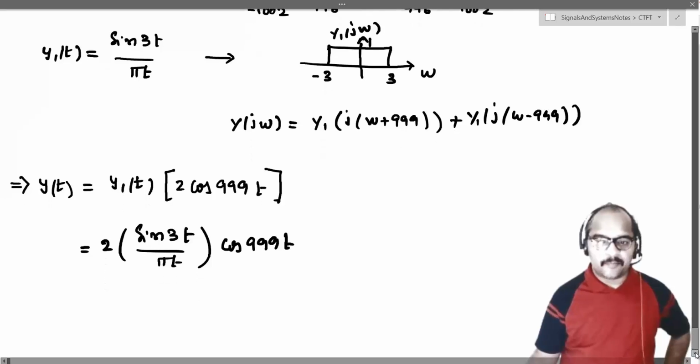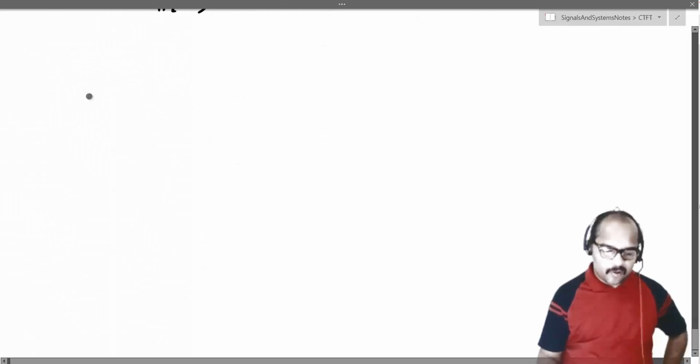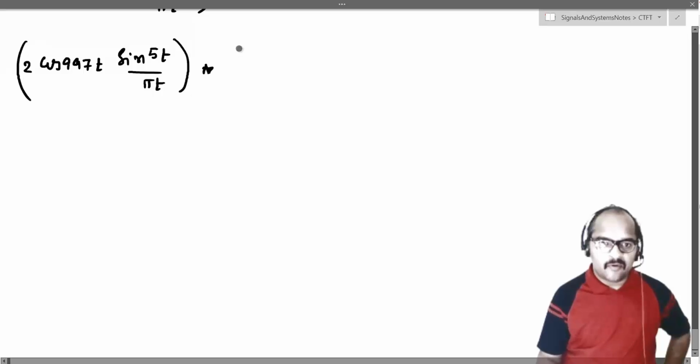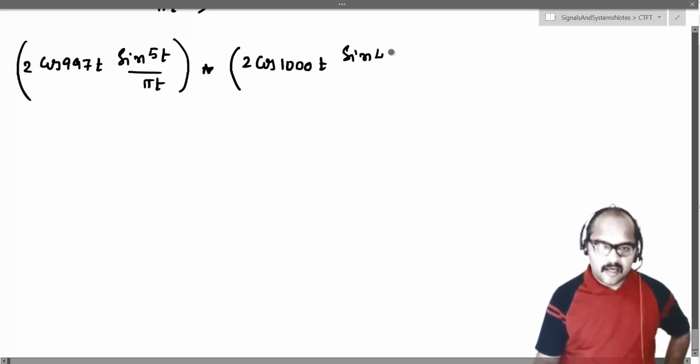So let us summarize what we have got. Same problem, we just write down the final answer. What did we get? We have 2 cos 997t multiplied with sin(pi t)/(pi t), this signal, convolved with 2 cos 1000t multiplied with sin 4t divided by pi t.